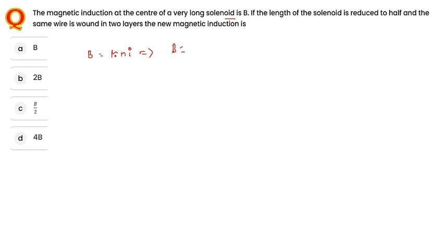At the center of this one, what you get is mu naught N I divided by L. From this, it does not depend on the number of turns. It mainly depends on the length.